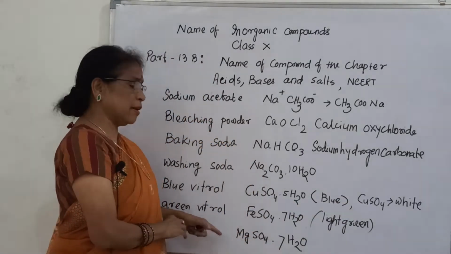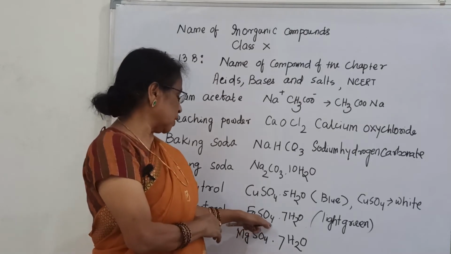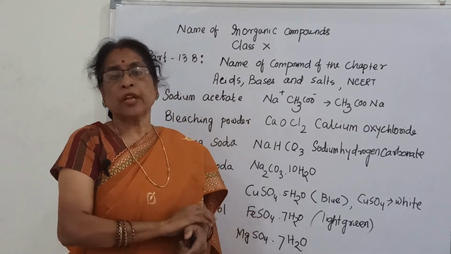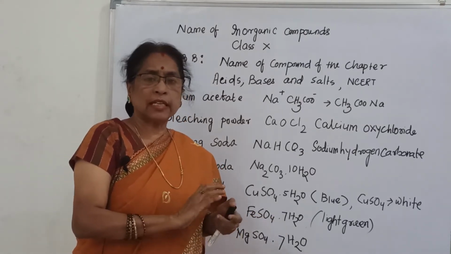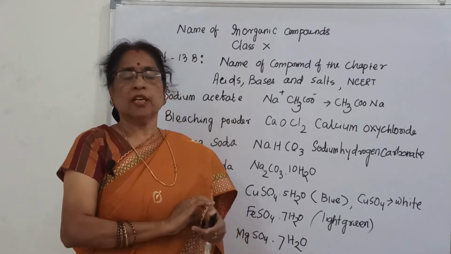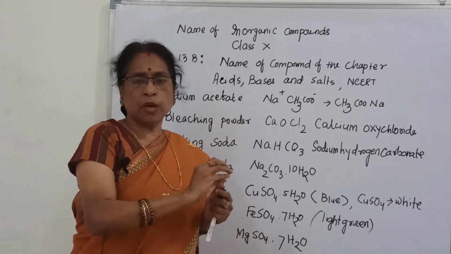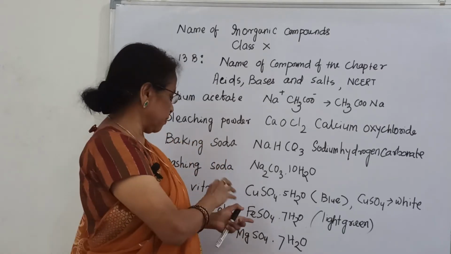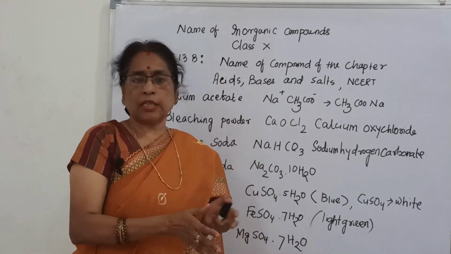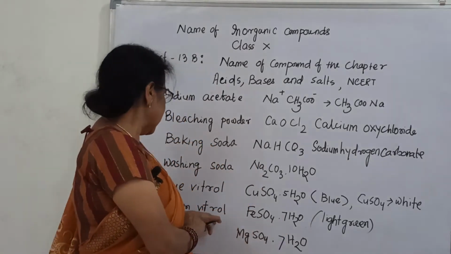Then come to green vitriol. What is meant by green vitriol? FeSO4·7H2O. FeSO4 is ferrous sulfate. Ferrous sulfate with 7 molecules of water crystallized, 1 molecule of ferrous sulfate with 7 molecules of water, is called green vitriol.